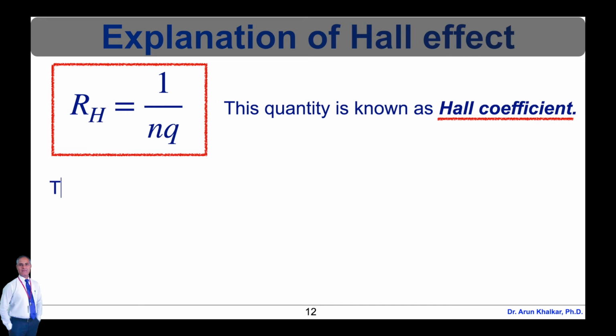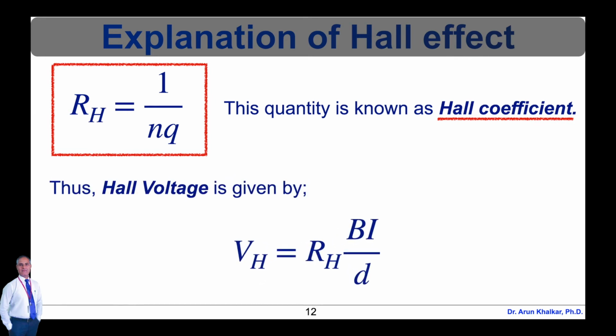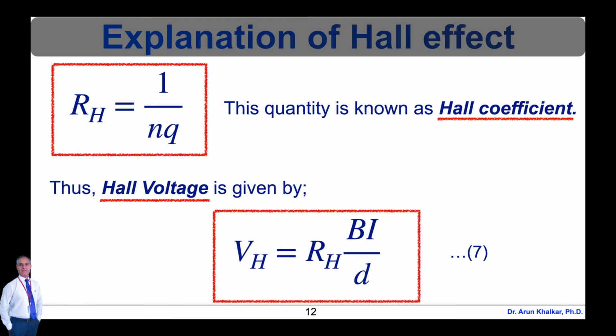Thus, Hall voltage is given by VH is equal to RH into BI upon D. Let's say this is equation number 7. Hence, magnitude and the direction of Hall voltage is dependent on magnitude and direction of current and magnetic field. Also, Hall voltage is inversely proportional to the thickness of the slab, which is shown from equation number 7.